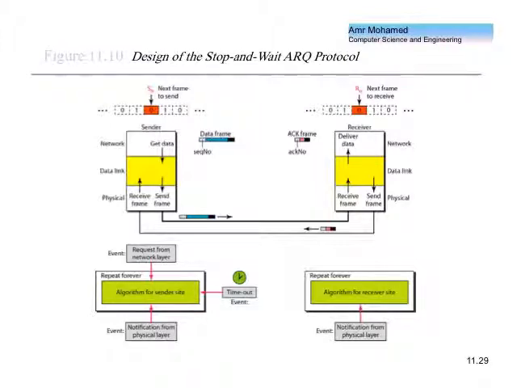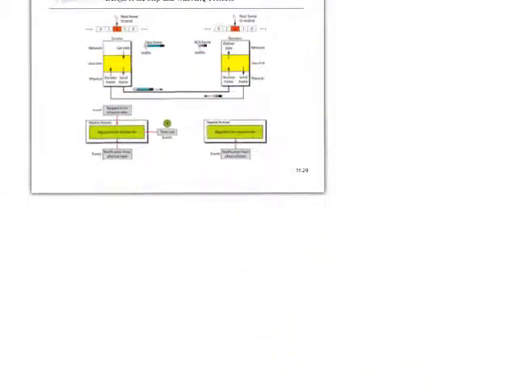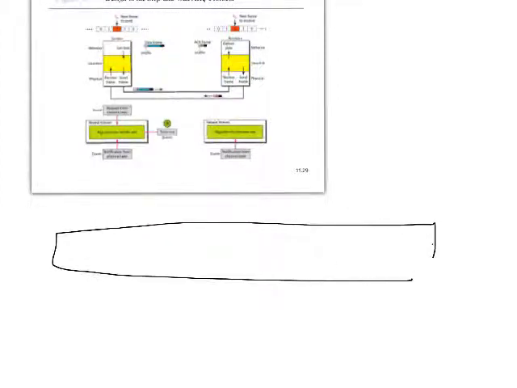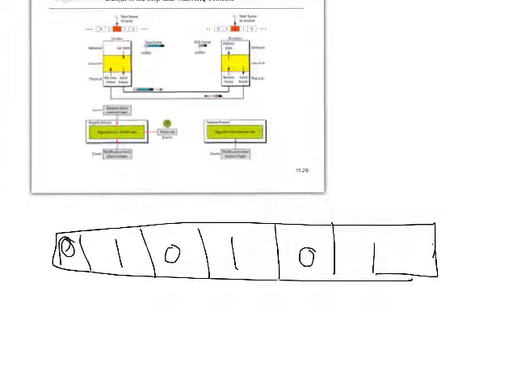In which case, the stream of packets for the stop and wait ARQ will always look like this. If I were to have a buffer of frames, I always have frame 0, frame 1, frame 0, frame 1, frame 0, frame 1, and so on.